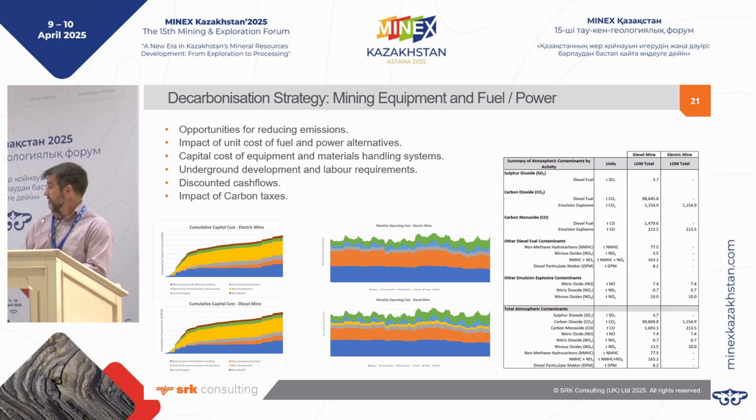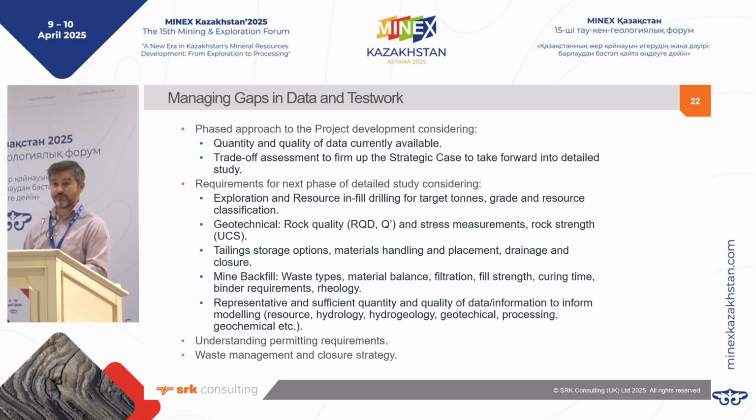So as part of that, we will estimate the emissions that are coming from a conventional diesel-powered fleet. Okay, that's our base case, and then we'll look for options. How can we improve that? And some of that will need adjustments to the mine plan itself. We may need to look at a different design for infrastructure, in-pit crushing, conveying systems, putting in trolley assist systems which will reduce our carbon footprint, and then we'll see what sort of reduction in emissions versus what is the resulting capital and operating costs that come from that.